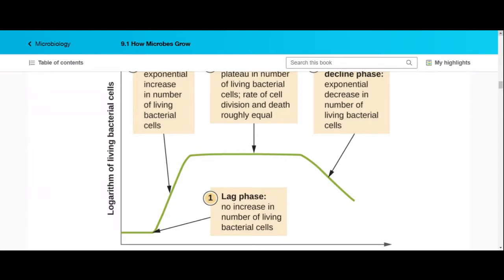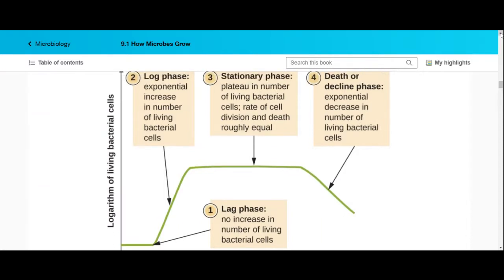And then you see here we get what's called the log phase. The reason we call this a log phase is because it can be calculated logarithmically. So we can actually do mathematical calculations to determine what our increase is going to be. And so we just basically get this explosion of growth. Then we get to what we call the stationary phase.